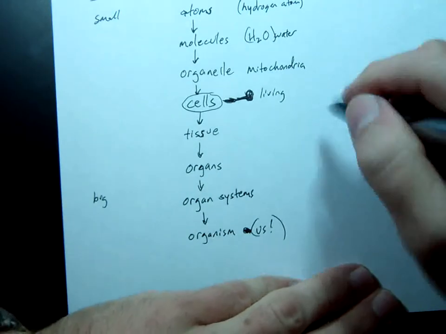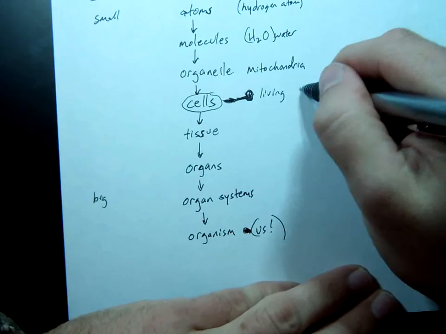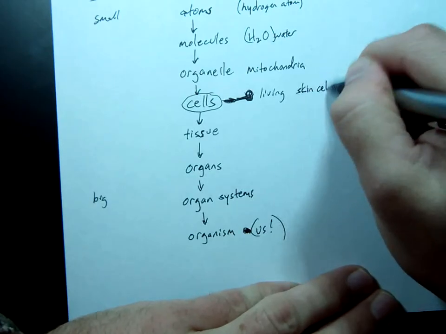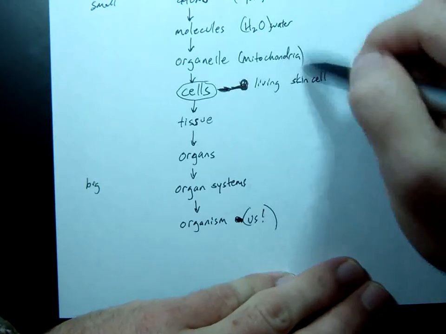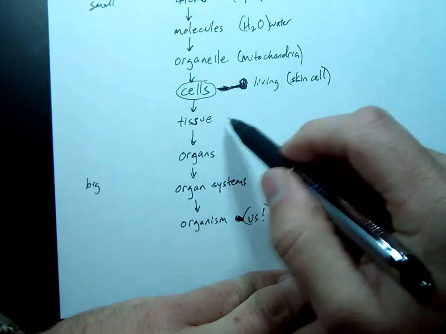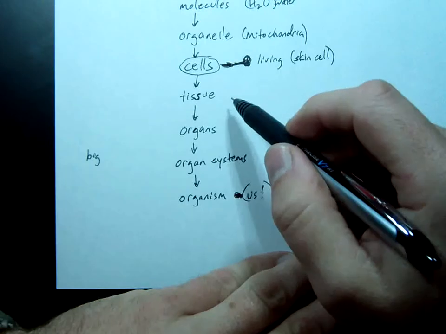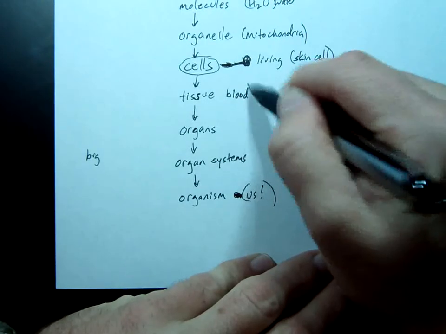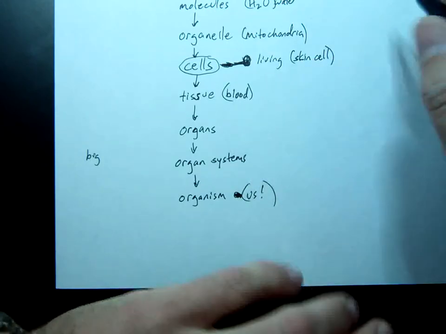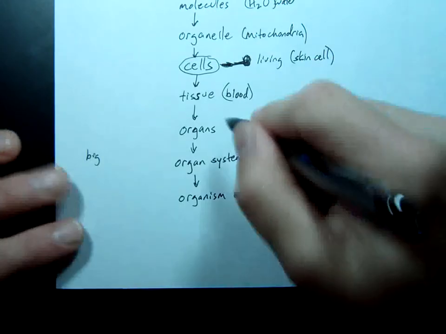Cell. Skin cell? Sure. I'll put all these other ones in parentheses when I follow through here. How about tissue? Blood. Yeah, good example. Sounds like one I would use. Organ? Lung.